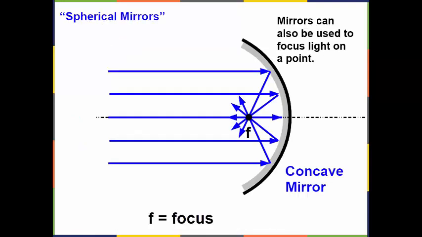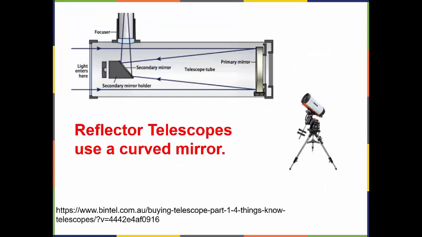Mirrors can do the same thing. So spherical mirrors, they're really parabolic, but spherical mirrors, if light rays come in parallel, they'll reflect and all pass through the focus. Reflector telescopes use a curved mirror. So they take parallel rays coming in from the star where it says light enters here.